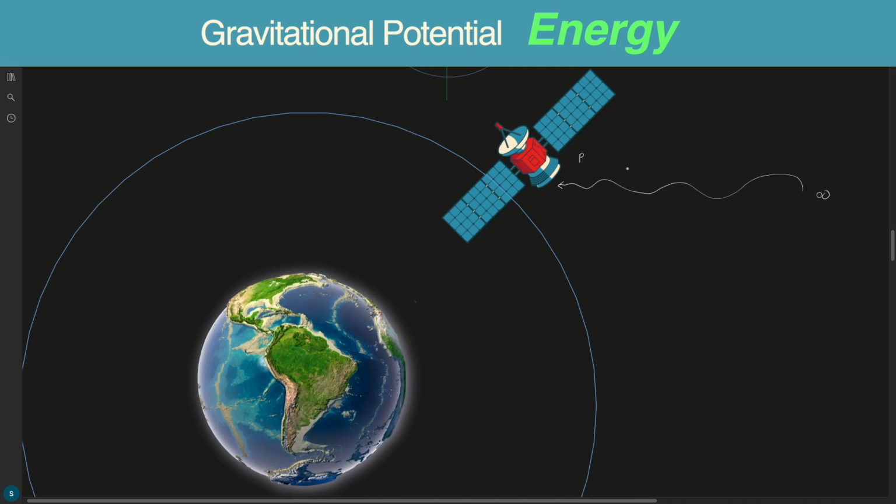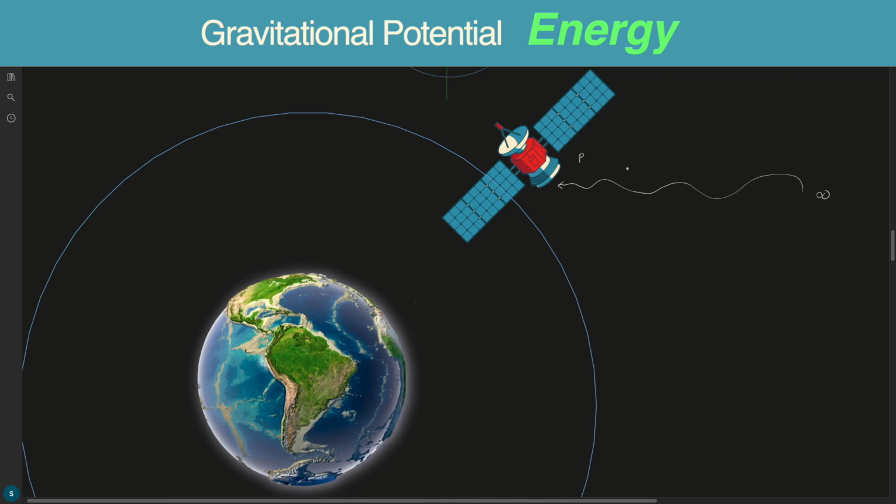If an object gets inside this region, it will experience an attracting force towards the earth.